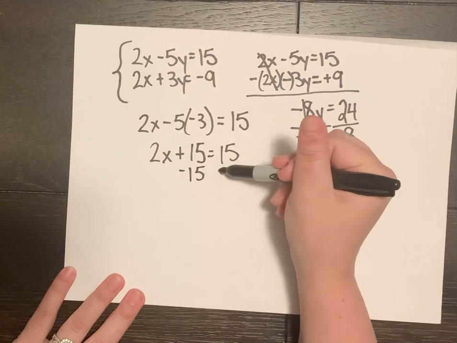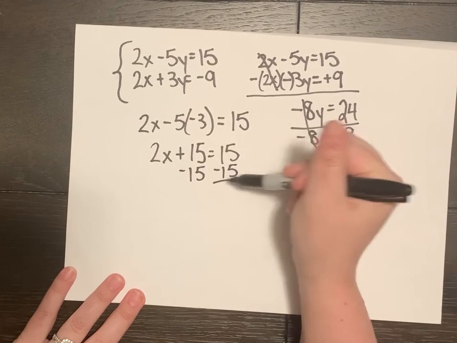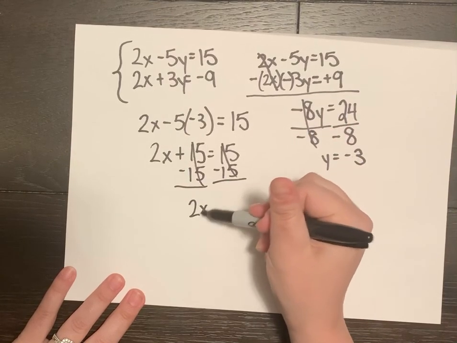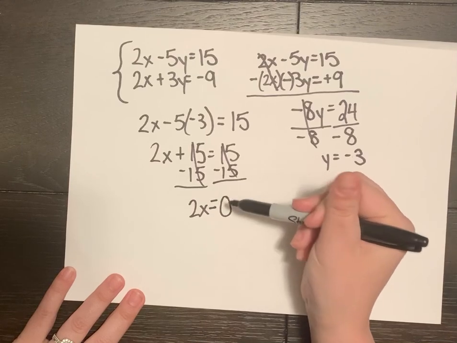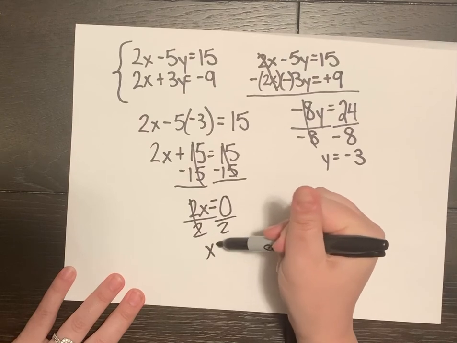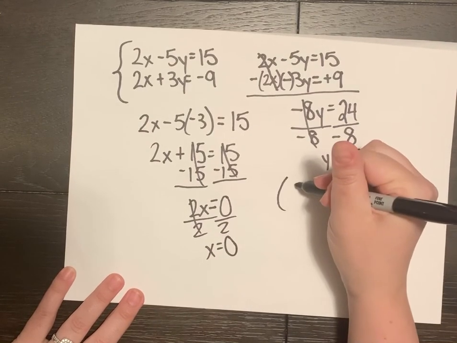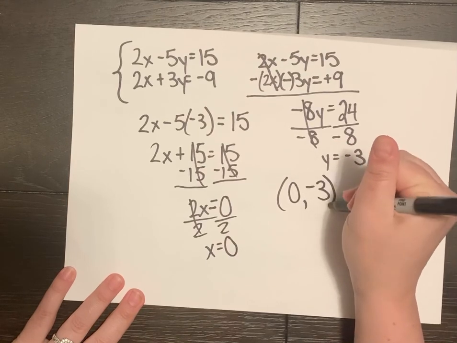Subtract 15 from both sides. We get 0. I have 2x equals 0. So this system of equations, the solution is 0, negative 3.